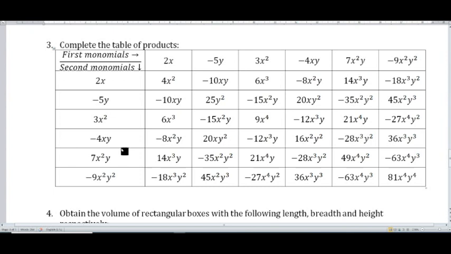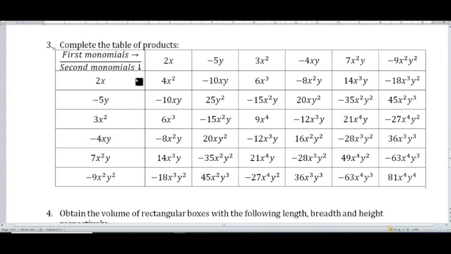So the question asks you to complete the table of products. This column is given to you: 2x, minus 5y, 3x square, minus 4xy, 7x square y, minus 9x square y square. Here in this row, 2x, minus 5y, 3x square, minus 4xy, 7x square y, minus 9x square y square is given.